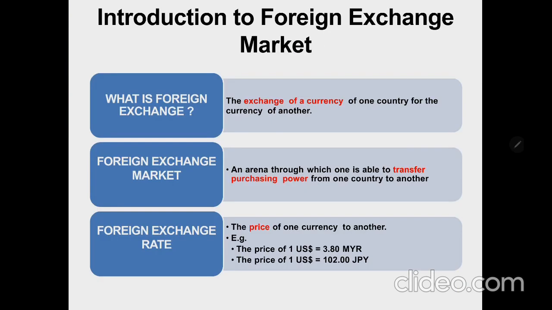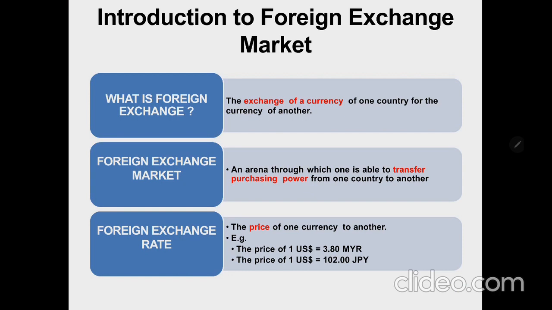Alright, for the introduction, what is foreign exchange? Foreign exchange is the exchange of the currency of one country for the currency of another. The foreign exchange market is an arena in which one is able to transfer purchasing power from one currency to another. So foreign exchange transactions normally happen in the foreign exchange market, the place where one is able to transfer purchasing power from one country to another.